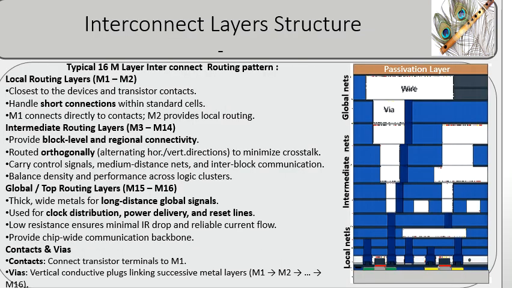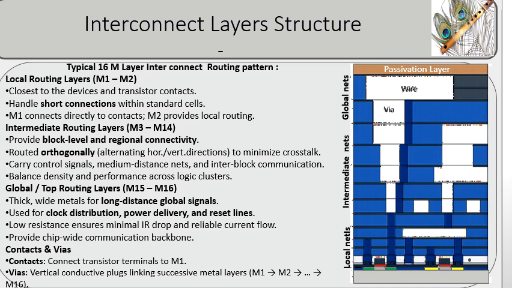This figure illustrates the hierarchical organization of metal interconnect layers used in a modern VLSI chip. The lower metal layers, M1 and M2, provide short local connections between transistors within standard cells. The intermediate layers connect logic blocks and route signals across functional regions using orthogonal routing to reduce crosstalk.